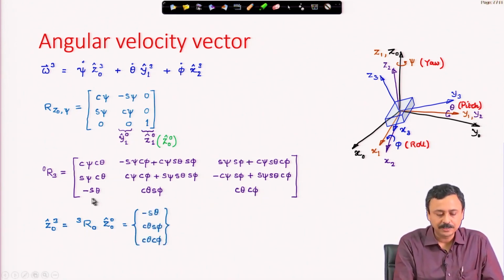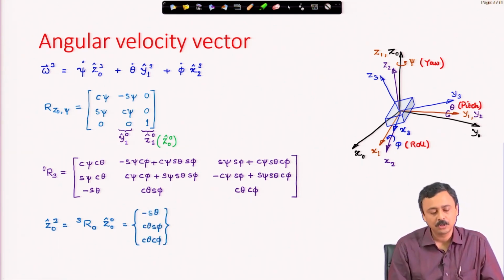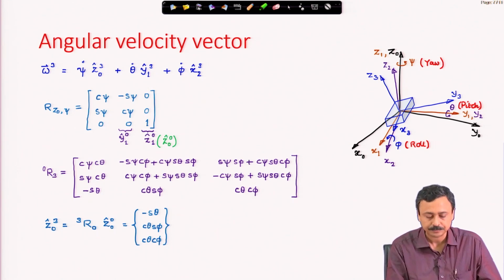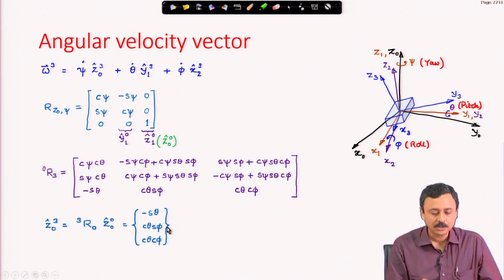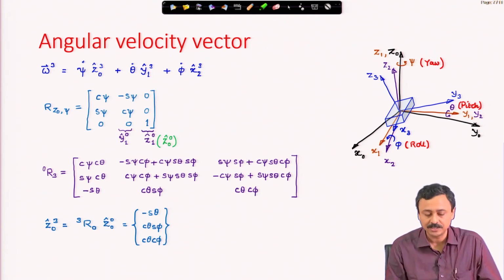Therefore, it filters out the 3rd row of R from 3 to 0, or the 3rd column of R from 0 to 3, the rotation matrix from 0 to 3. This is the 3rd column. So, this is z 0 represented in x 3 y 3 z 3.